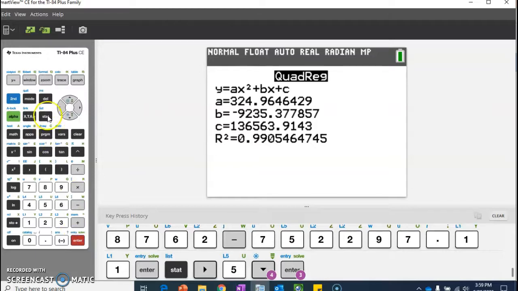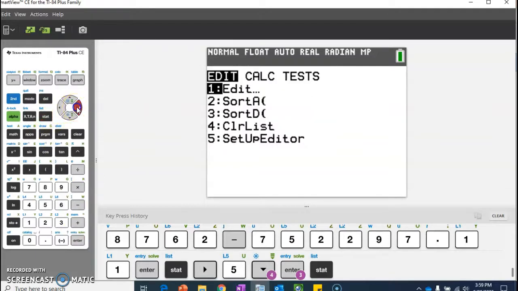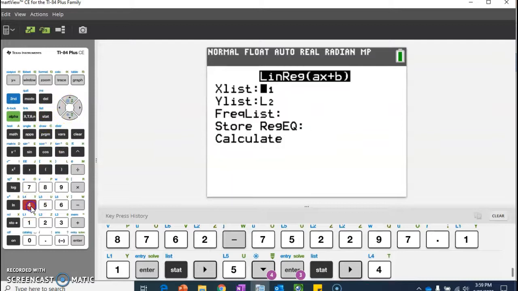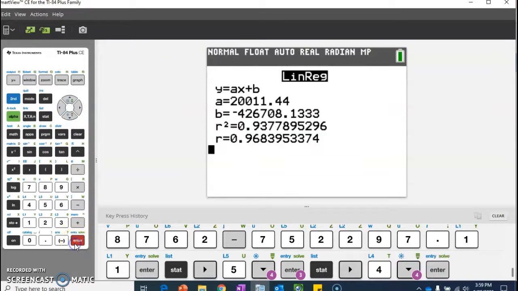So let's see what the linear model's r squared value is. Since we can't compare r because quadratic doesn't have one. And the linear one is 0.94. So the quadratic's r squared was 0.99. The linear's was 0.94. So I'm going to go with quadratic because it has the higher r squared value.